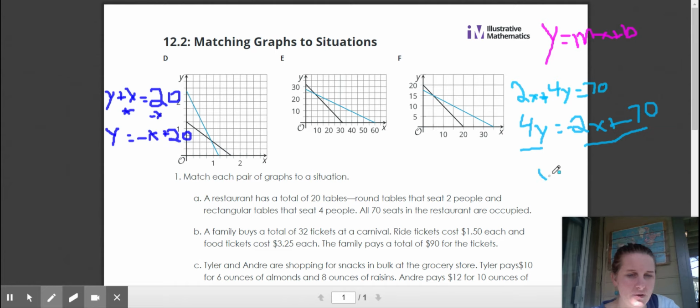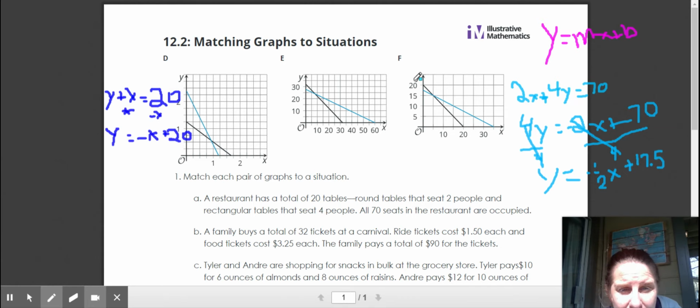So 4 divided by 4 cancels out, so we're left with y. Negative 2 divided by 4 is negative 1/2 x, plus 70 divided by 4 is going to give us 17.5. Okay, so now these are in y equals mx plus b form.